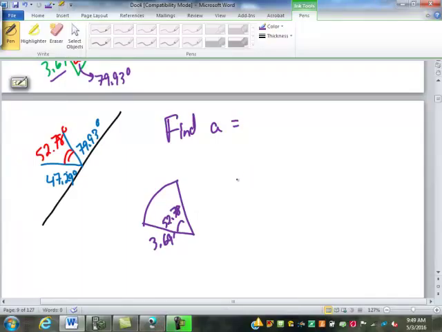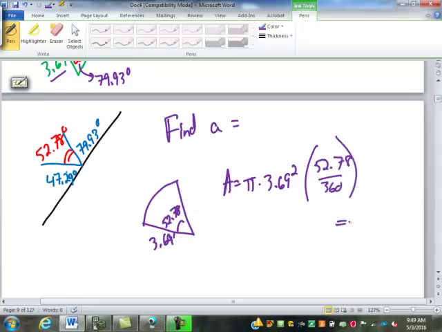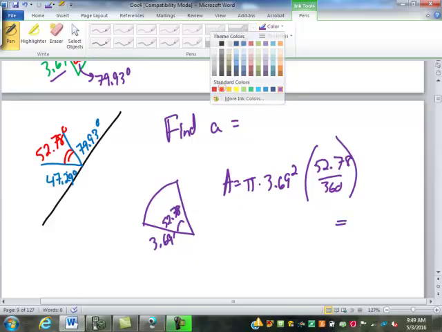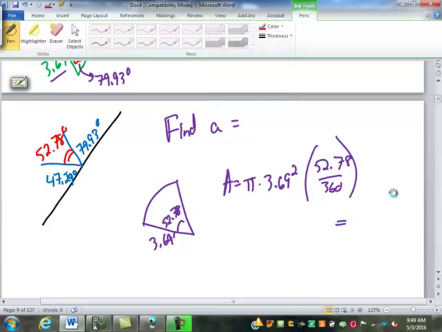The area of this is just going to be the area of the whole circle, which will be pi times 3.69 squared times that angle of 52.78 over 360, which comes out to be how much? How much is it? I'm sorry. Why did I go area?